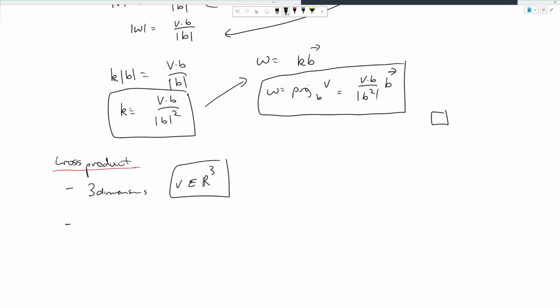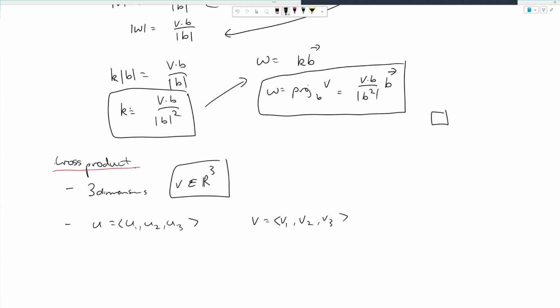It is defined by, if we let U equal (U1, U2, U3), because 3 dimensions means there are 3 components to it. I probably should have emphasized that to begin with. And then V equals (V1, V2, V3).